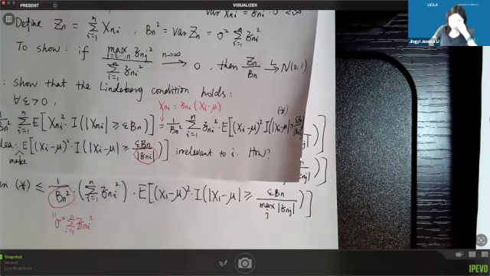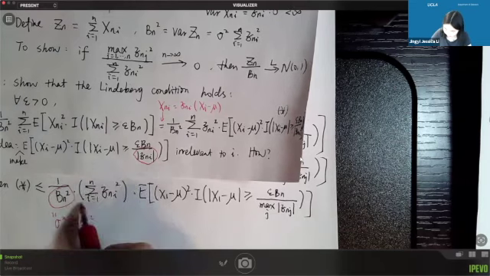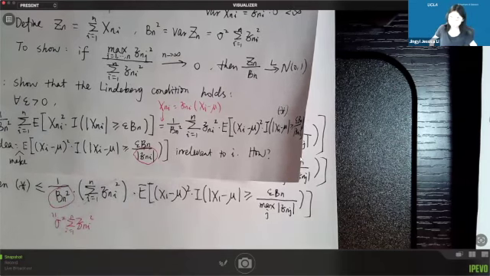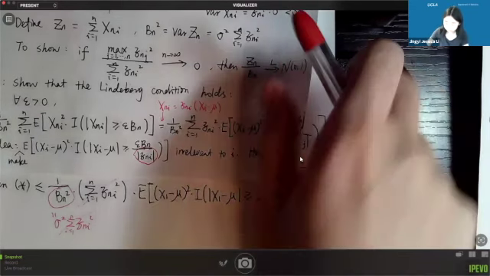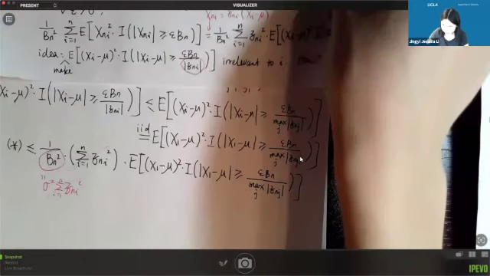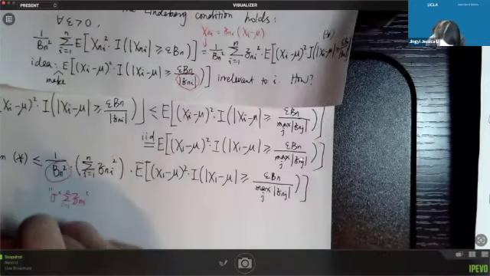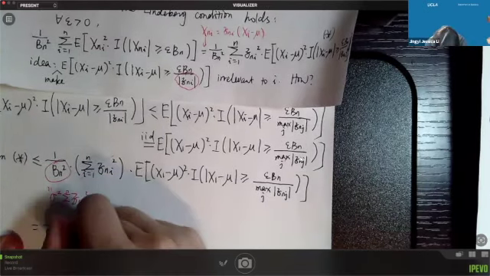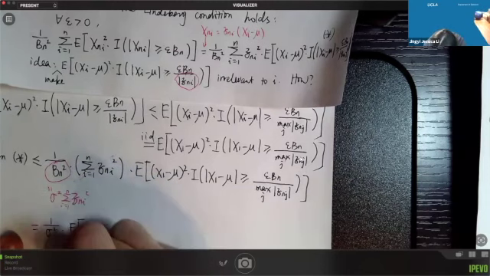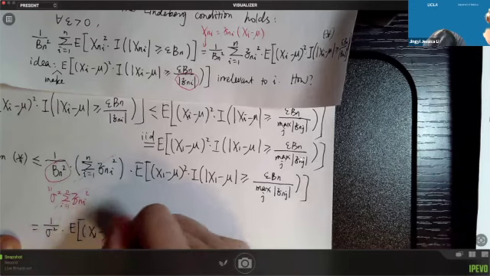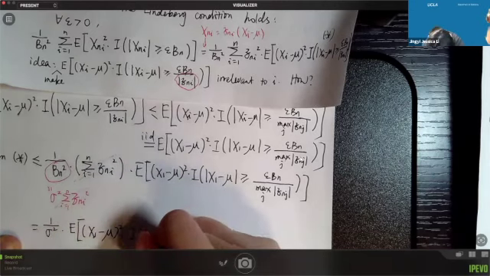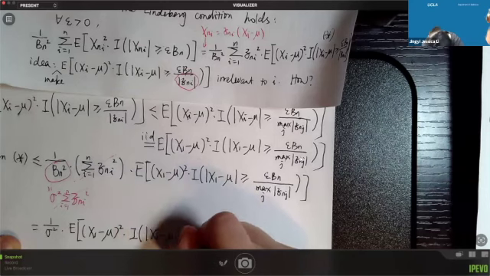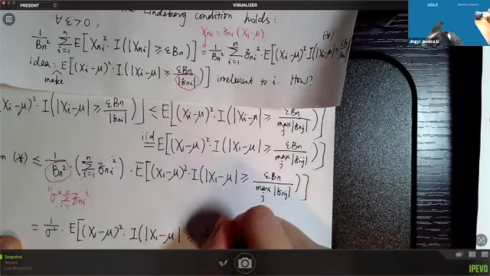So you see, I can have this and this part canceled. So I'm left with, after the cancellation, just 1 over sigma squared times the expectation of (x1 minus mu) squared times the indicator that |x1 minus mu| is greater than or equal to epsilon bn max j.